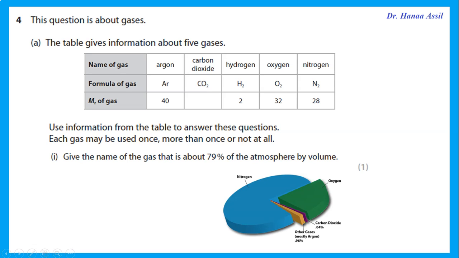You should know that that is nitrogen. Remember, air is mostly nitrogen, 78% or 79%. The oxygen is 21%. Carbon dioxide is about 0.04%. And argon is about 0.9%.